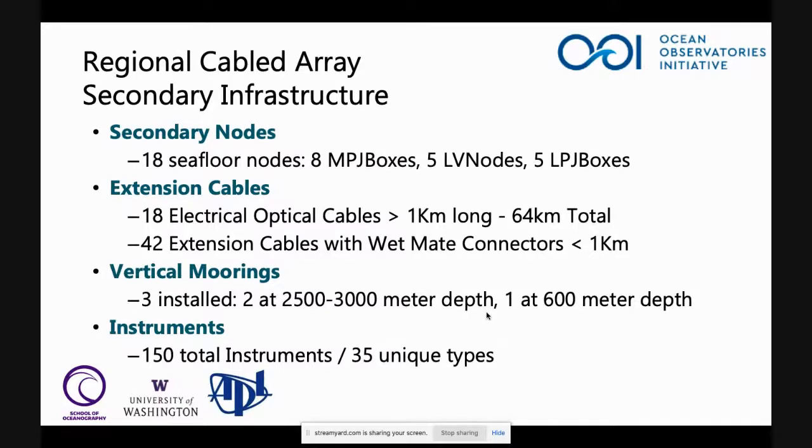Then there are vertical moorings, and I'll show you what our vertical moorings are. There are 3 of those installed in multiple water depths, as well as about 150 total instruments and 35 different unique types of instruments, of which hydrophones are only a small part. So it's really an interdisciplinary set of instruments designed to make measurements across scientific spectrums.